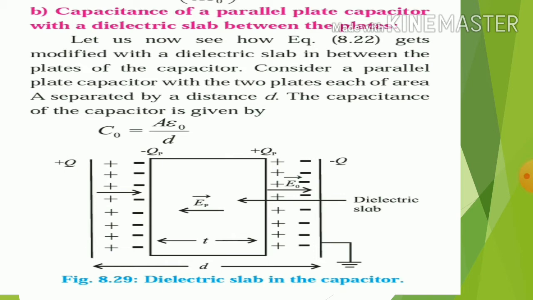This equation is nothing but C0 equal to A epsilon 0 upon D. Let us consider capital A is the area of each parallel plate.